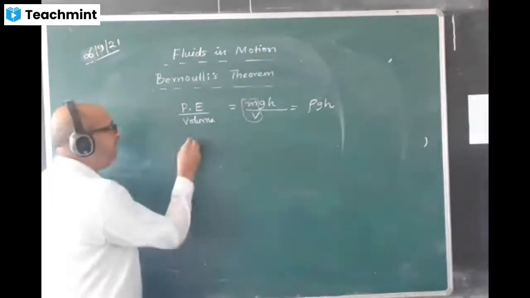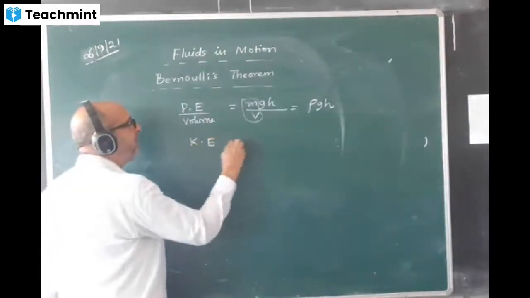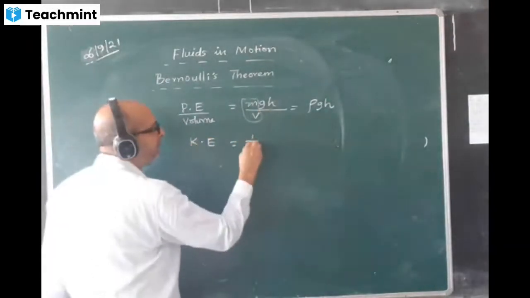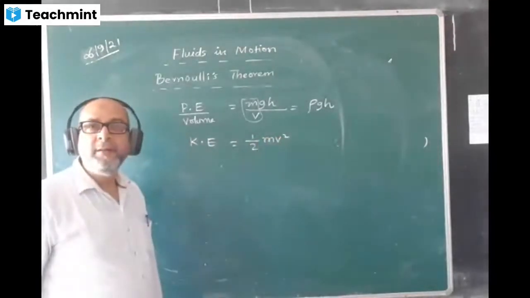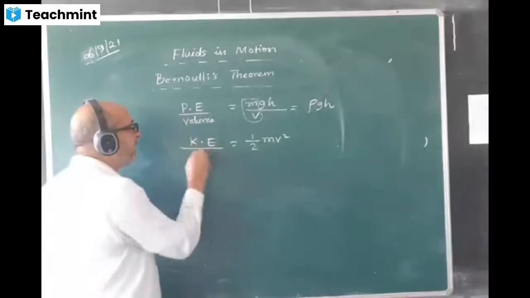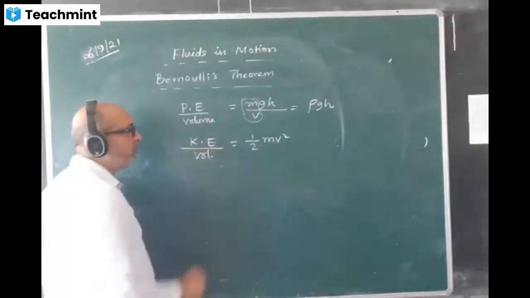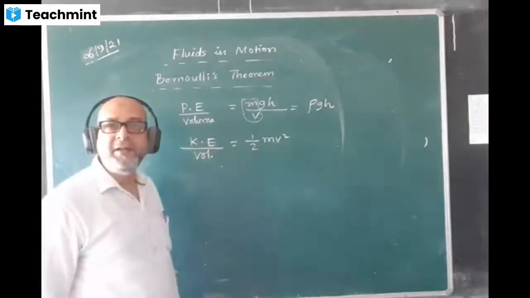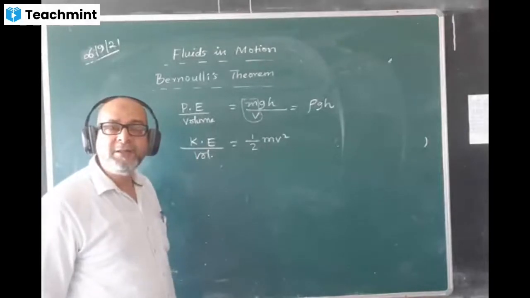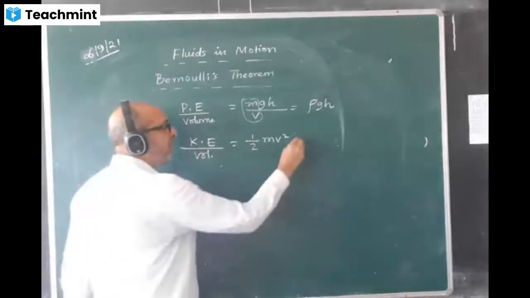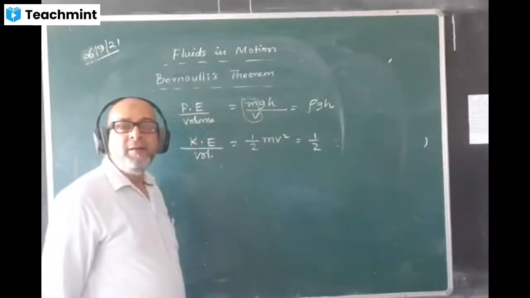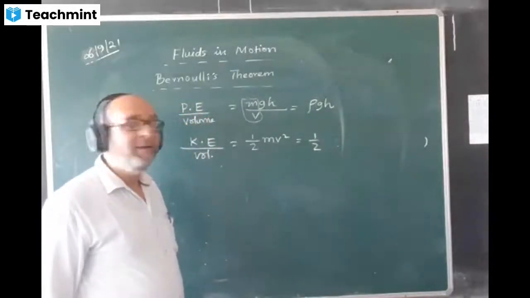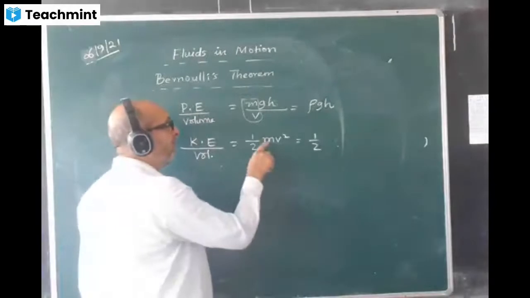Same way, kinetic energy. What is the formula of kinetic energy? Half mv square. But I take kinetic energy per unit volume. What will be the formula now if I take per unit volume? Can you guess? Half mass will change into density.